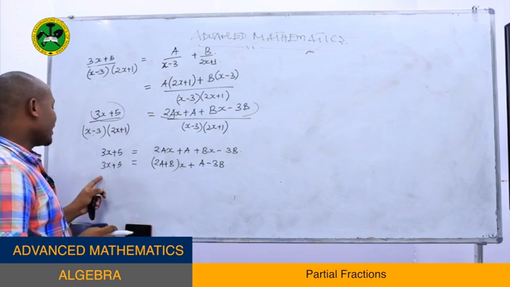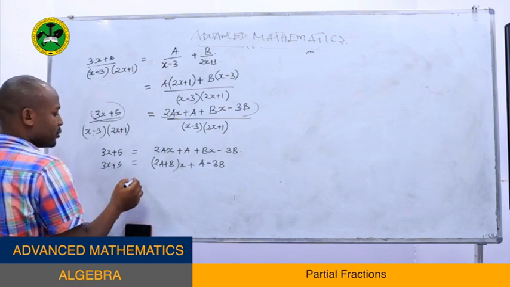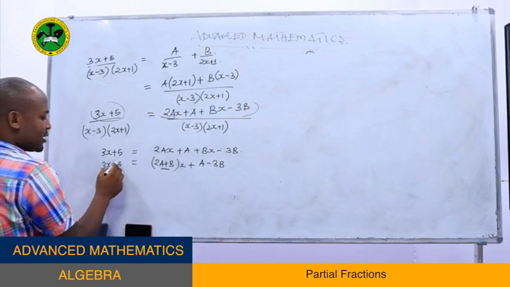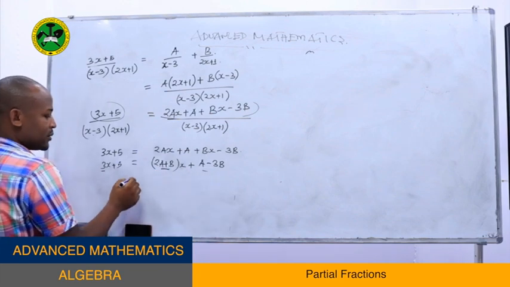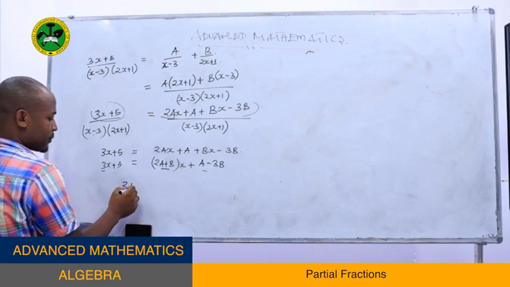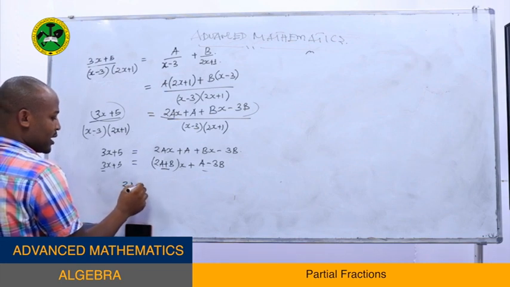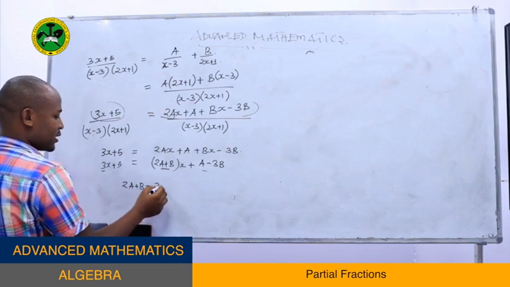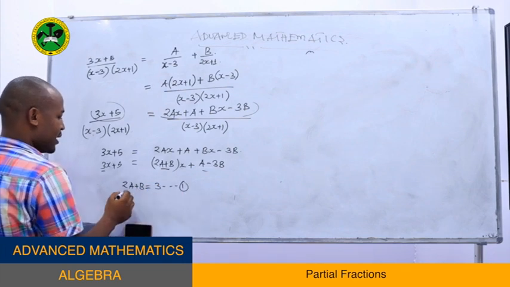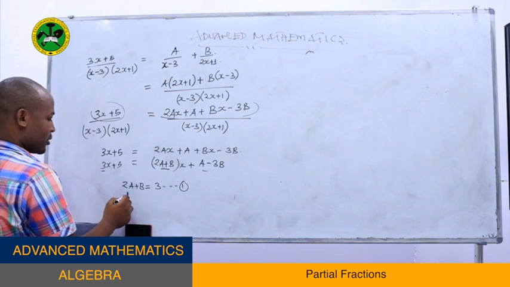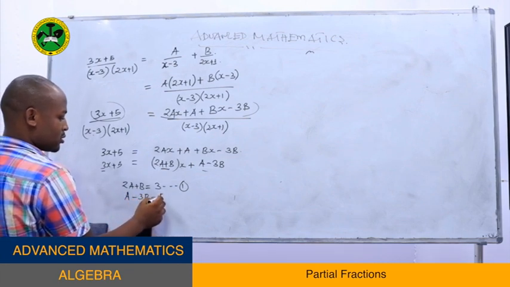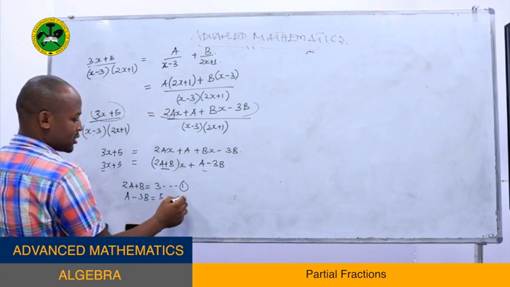Now, by comparing the coefficients, we shall have the following equations. The first one shall be compared to that one, and that one shall be compared to all of that. Then we have 2A plus B equal to 3. We can call this equation number 1. And there we have also A minus 3B equals 5. And that is equation number 2.